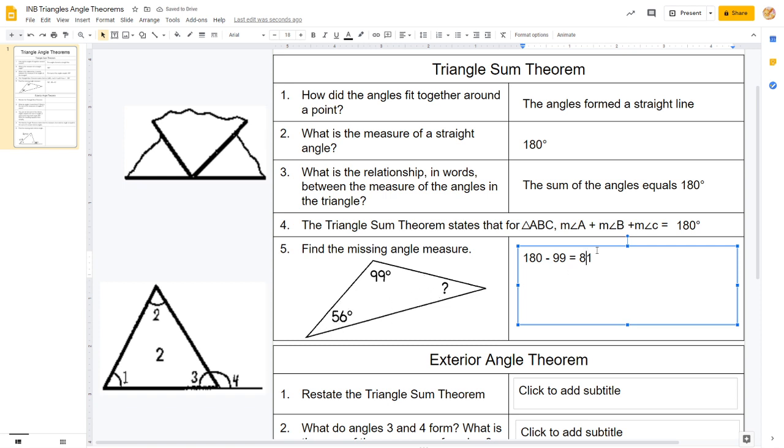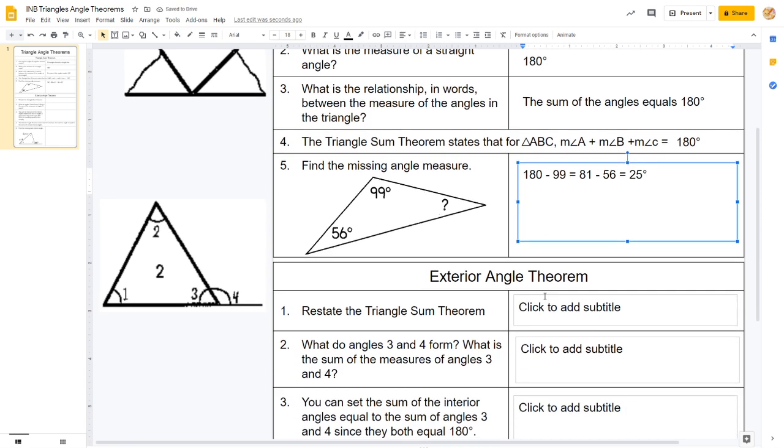Now I have to subtract 56. 81, 1 minus 6, can't do it, so I've got to borrow. 11 minus 6 is 5. This becomes a 7. 7 minus 5 is 2. So 25, I need this degree sign. And there we go. My answer is 25 degrees.